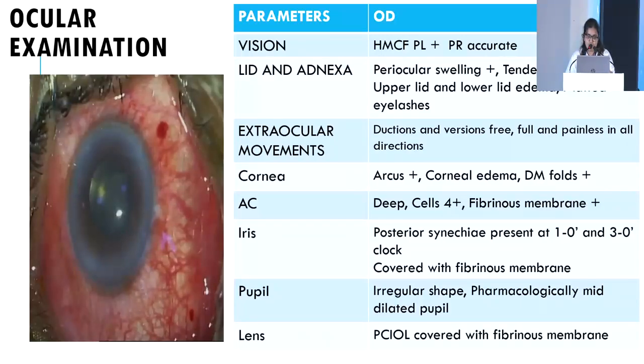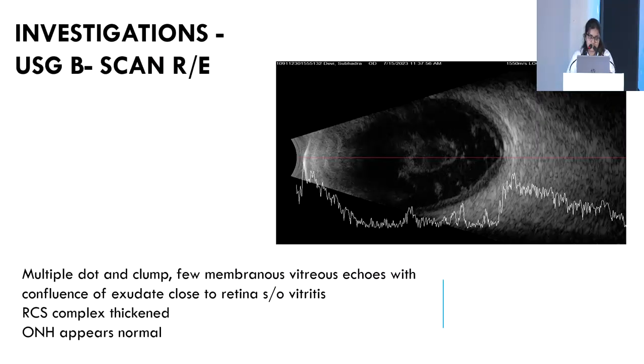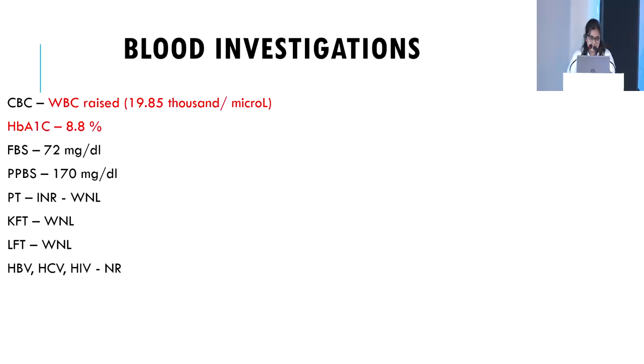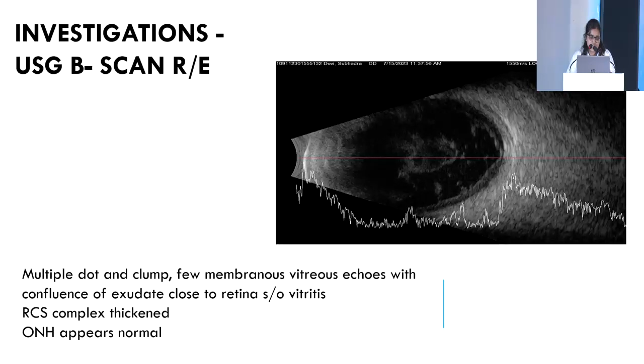Her extraocular movement was free and full and painless in all directions, and her cornea showed corneal edema with DM folds. Her anterior chamber showed AC cells of +4 with fibrinous membrane over the iris and IOL. Her posterior segment B scan showed multiple dots and clumps with a few membranous vitreous echoes with confluence of exudates, findings suggestive of vitritis.